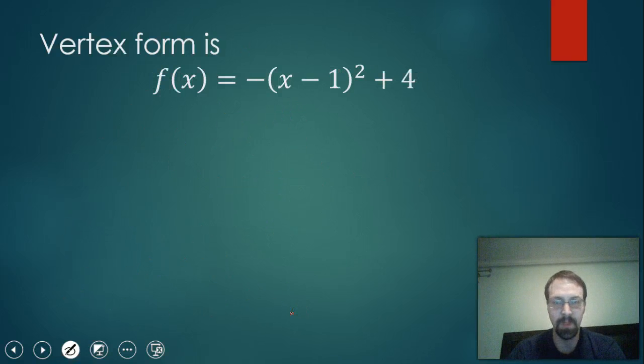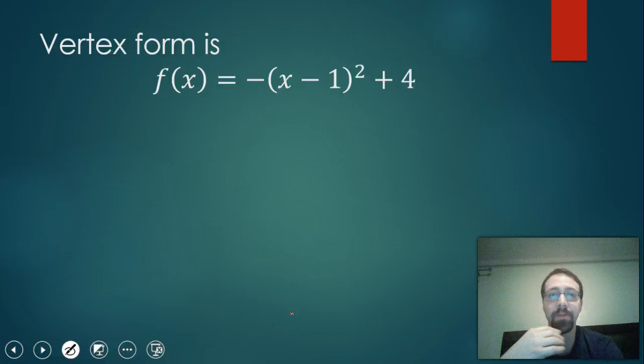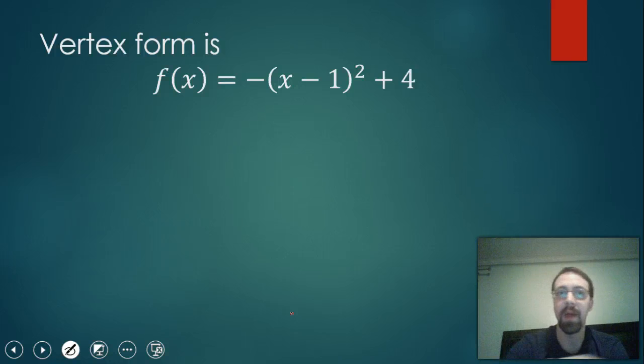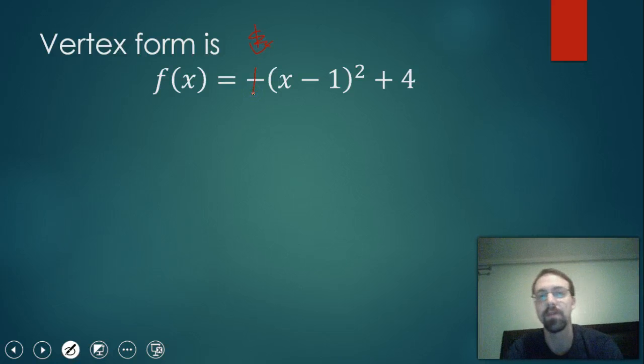There you go. Now we have this next example. The vertex form is f of x equals negative, the quantity x minus 1 squared, plus 4. Again, this is going to be a maximum because this is a negative. Actually, you know what? Let's change it to positive, that way we actually have a minimum this time.